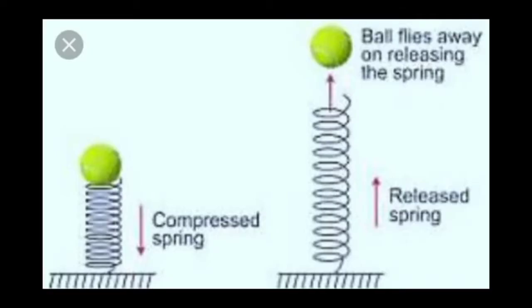First is potential energy. The energy possessed by an object due to its position or configuration is called potential energy. It is the work done in bringing the object to that state or position. For example, a compressed spring has potential energy because of its compressed state.